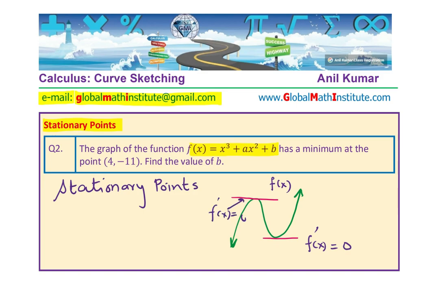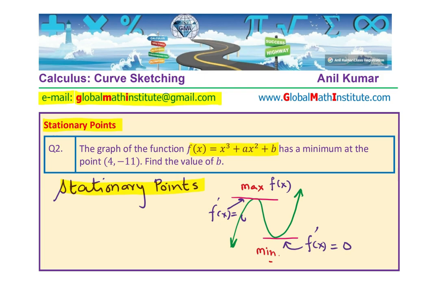So these points are the ones where the gradient is 0, and these are the points which are called stationary points. Perfect. Now you can see that stationary points can have a maximum or a minimum value. So as far as the function is concerned, we have a maximum here and a minimum here.